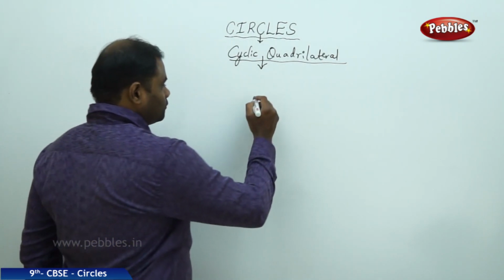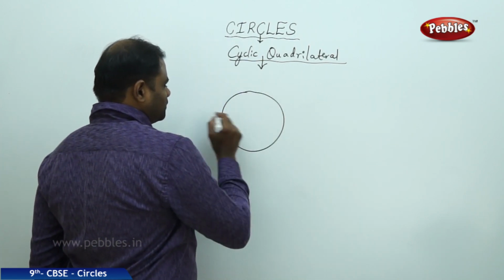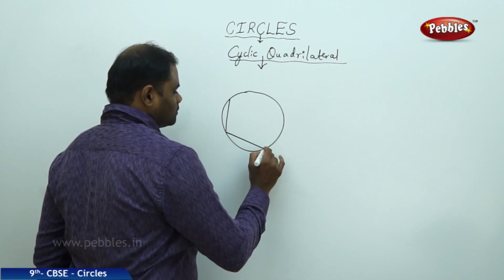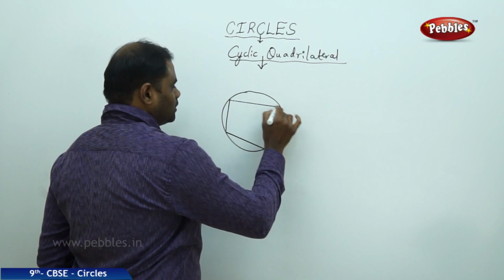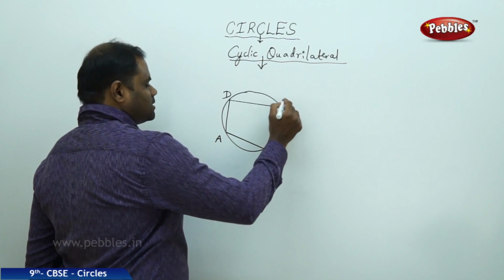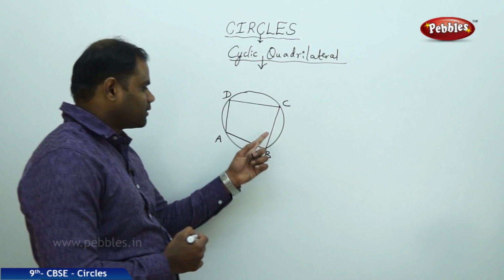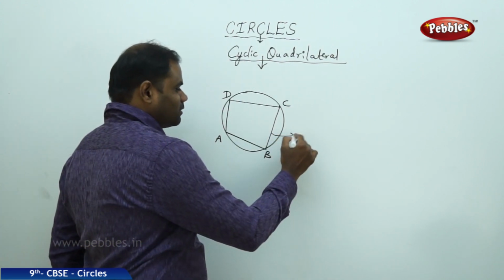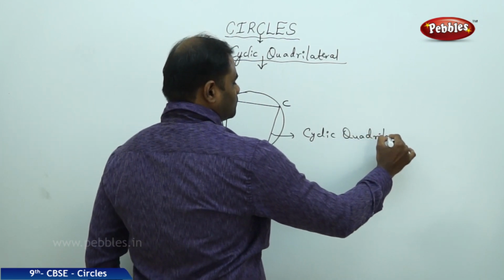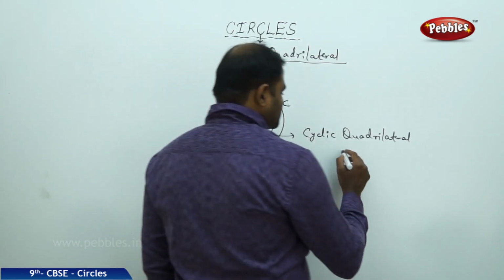So for example, I take a quadrilateral which can exactly fit in this circle. The quadrilateral ABCD clearly fits in this circle, and hence it is called a cyclic quadrilateral.